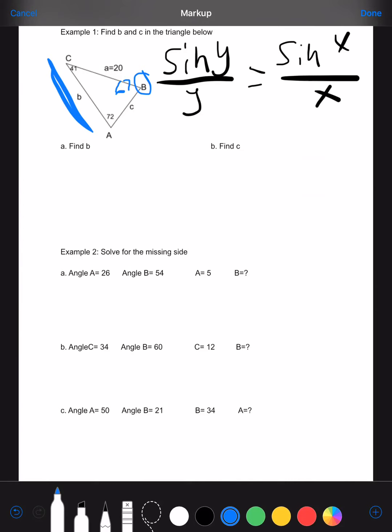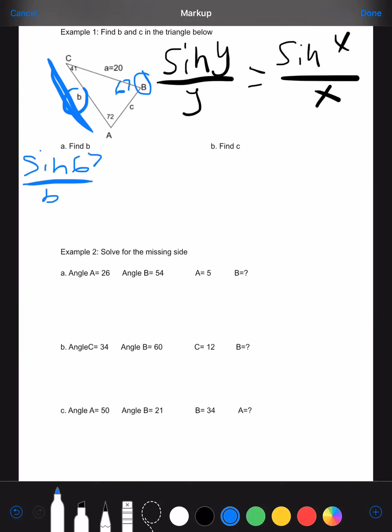Okay? So sine 67, like we just found, over whatever your side is. In this case, we're looking for side B, so we're just going to put a B there. Then you can put another side and angle that you have. We can't use our C angle because we don't know what our C side is.